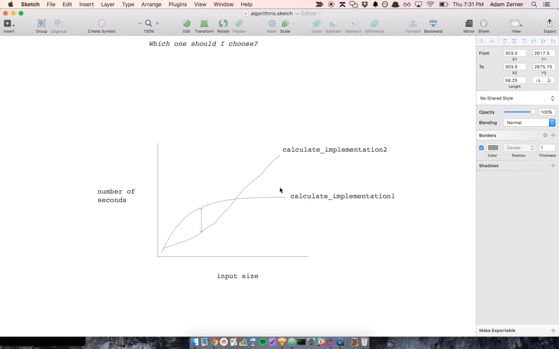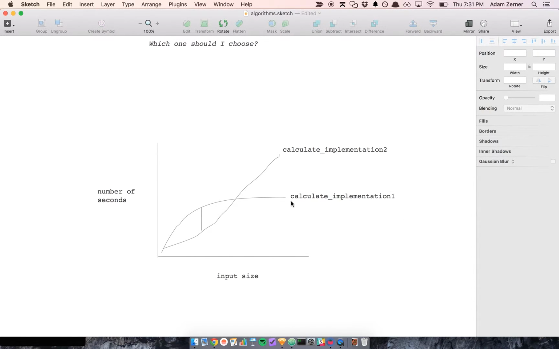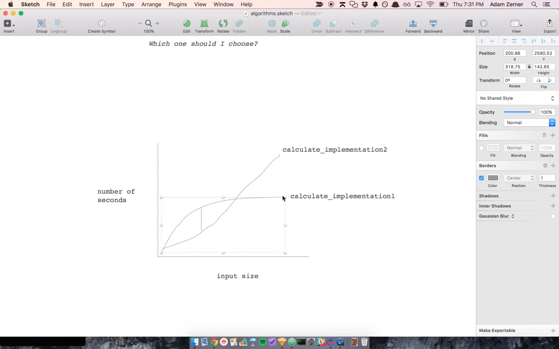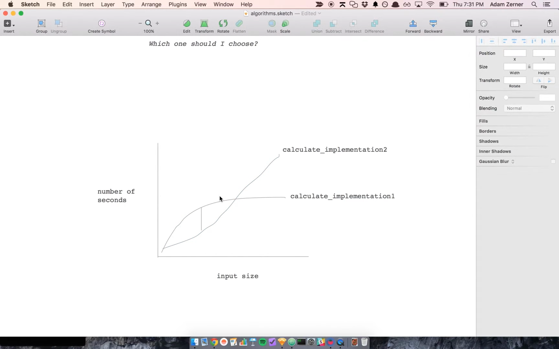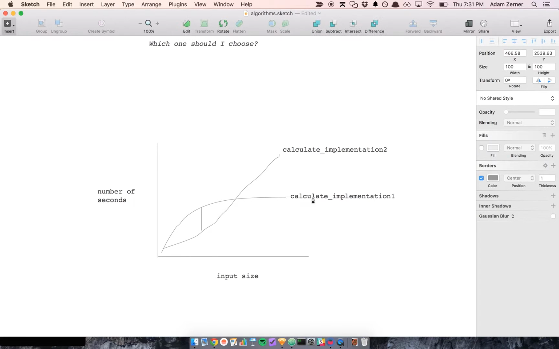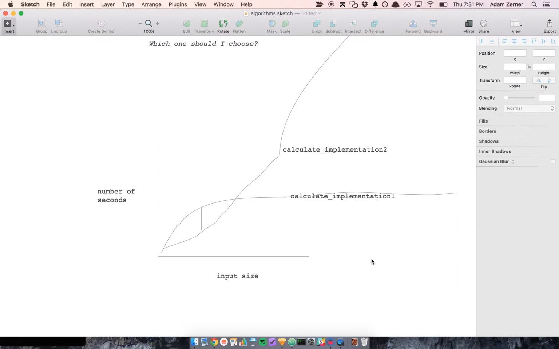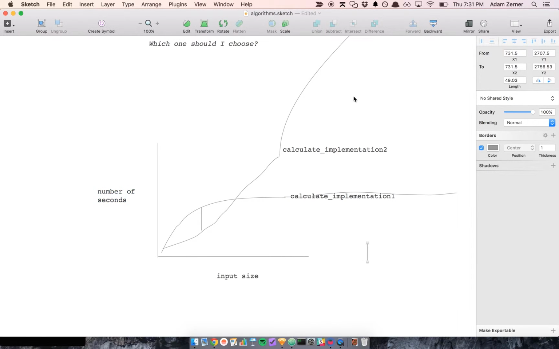And so if this line right here kind of continued on, this is really good performance. But if this one carried on, it's going to keep going up and up and up. And for an input size like over here, you're going to start to see a really big difference between the two implementations, to the point where 2 becomes so expensive that it's almost unusable.